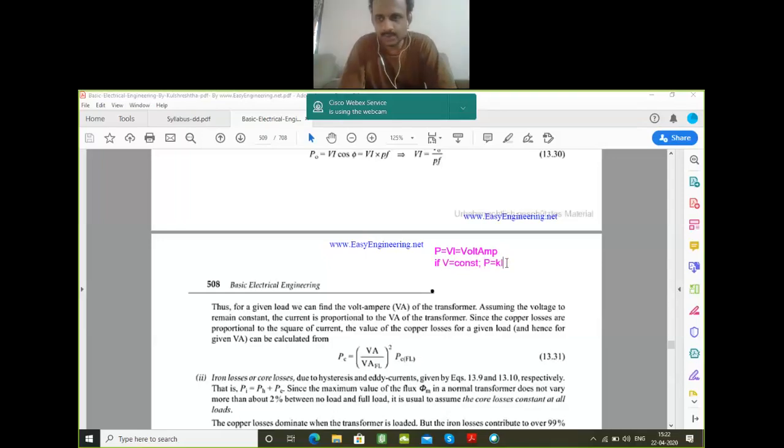Now copper losses are proportional to the square of the current.